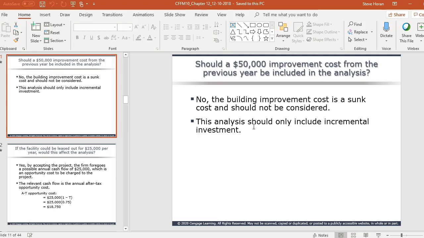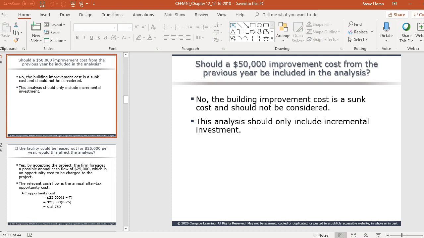Then another question is, should a $50,000 improvement cost from our previous year be included in the analysis? And the answer would be no. That's a sunk cost. And a sunk cost is something that's happened in the past that cannot be changed. So let's just say, this says improvement cost.